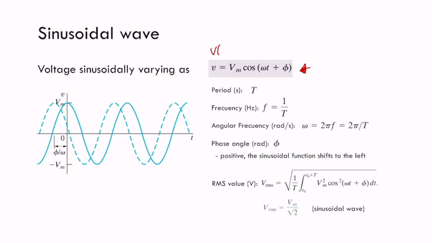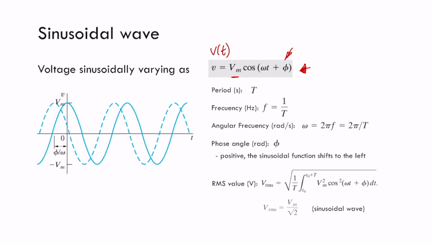This function depends on t, v, and it is represented by this maximum, the amplitude, the maximum value it can take. Omega represents what is called angular frequency, t is the time component, and phi, the last term, represents the shift with regard to time equal to 0.